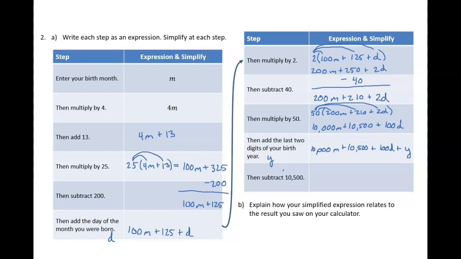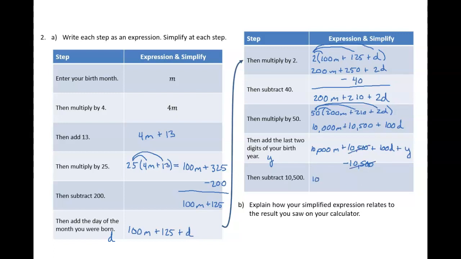And then our final step here is to subtract 10,500. Well, let me line that up with its like term and look at this. 10,500. Those will cancel. Those will just completely cancel out.